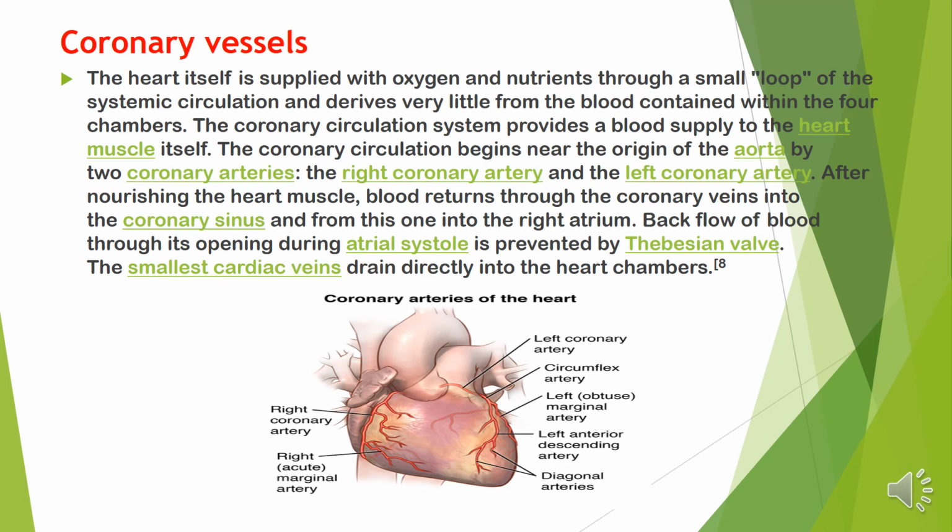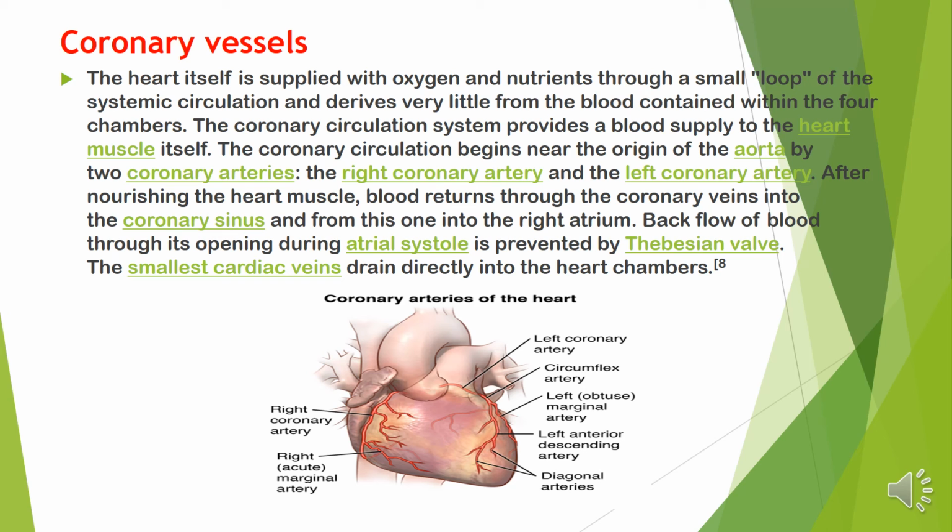The heart itself is supplied with oxygen and nutrients through a small portion of the systemic circulation and derives very little from the blood contained within the four chambers. The coronary circulation system provides a blood supply to the heart muscles themselves.